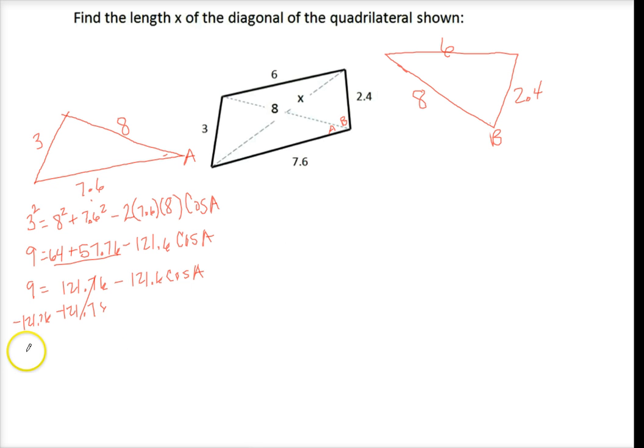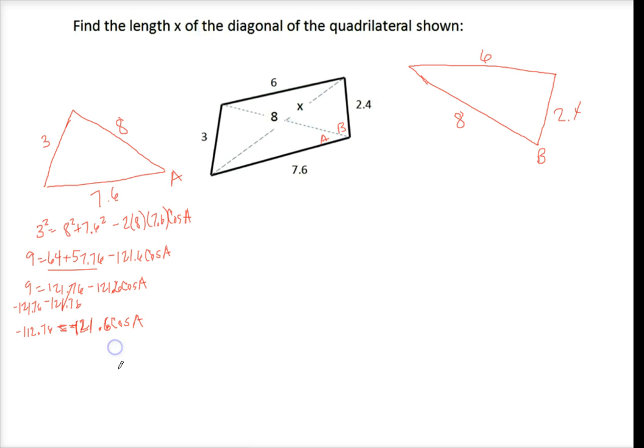That gives me negative 112.76 equals negative 121.6 cosine A. It's multiplied by cosine A, so we're going to divide both sides by negative 121.6 so that we can isolate cosine A by itself.